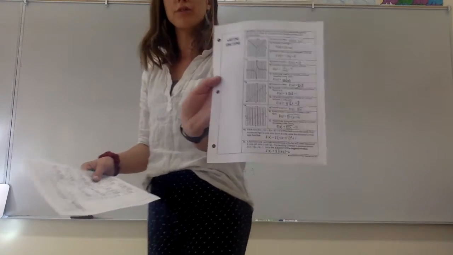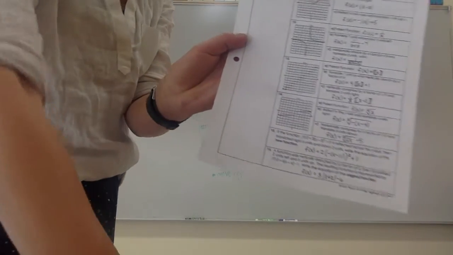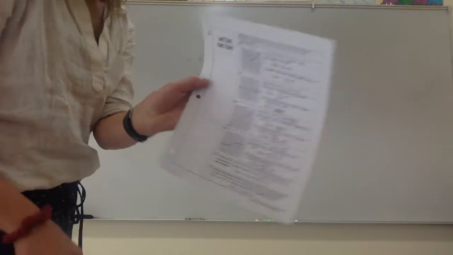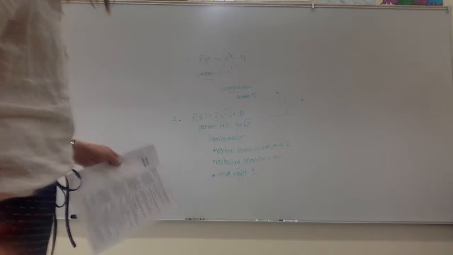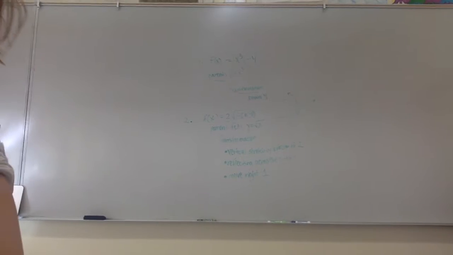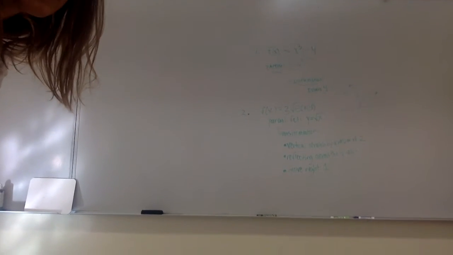We're going to move on to this page here, which is called writing transformations or writing functions, and we'll do number 11. So I'll leave that on the board. I'm going to move this way so we can see this section of the board here.